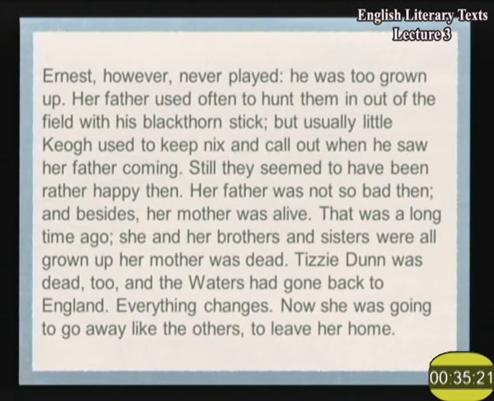Her father was not so bad then, and besides, her mother was alive. That was a long time ago. She and her brothers and sisters were all grown up. Her mother was dead. Tizzy Dunn was dead too, and the Waters had gone back to England. Everything changes. Now she was going to go away like the others, to leave her home.